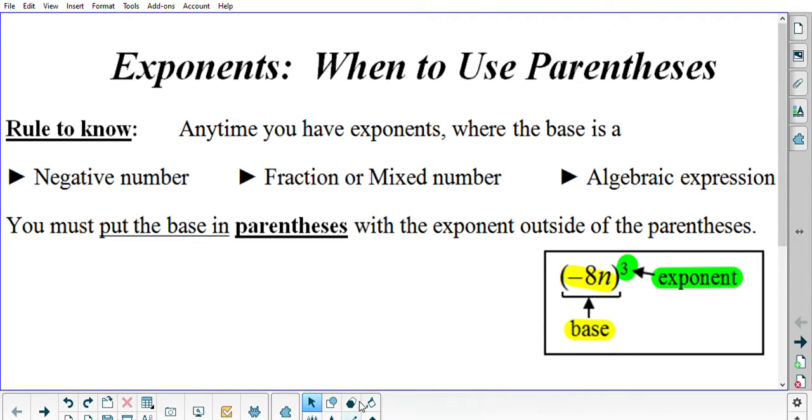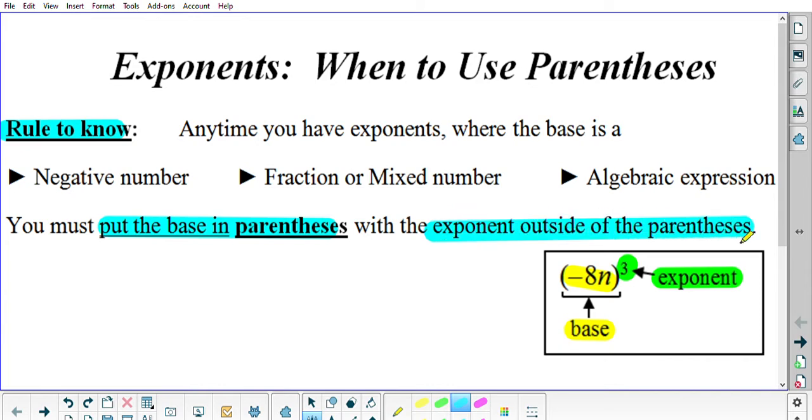All right, so the major rule that I need to teach you today is that any time you have exponents and your base happens to be a negative number, a fraction or mixed number, or some kind of algebraic expression like I had here, negative 8n, anytime your base is one of those three things, then you must put the base in parentheses, and then the exponent will be outside of the parentheses.